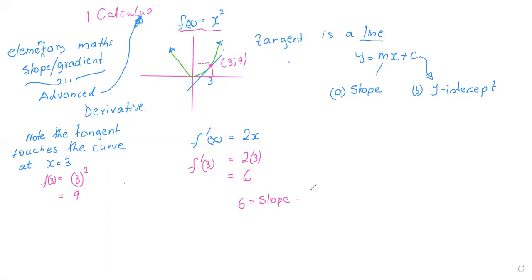That is to say, m is equal to 6, because that's the slope. Now, you can give your equation with something that you know now. You know one thing, that m is 6.